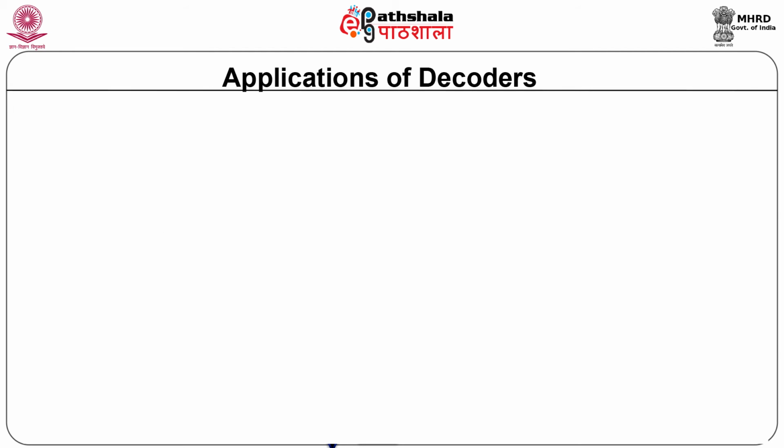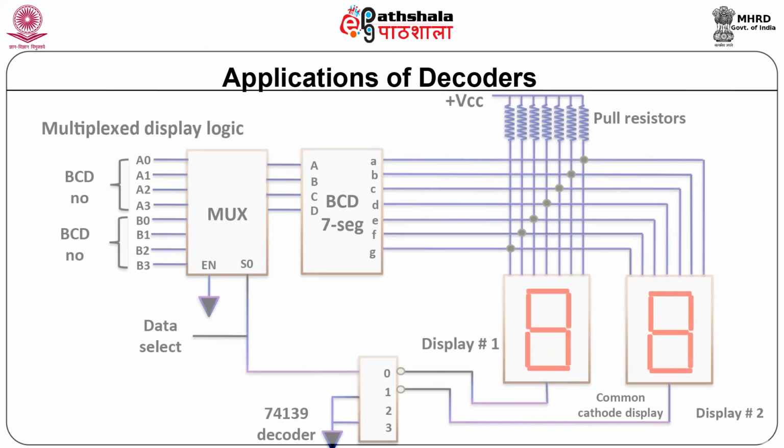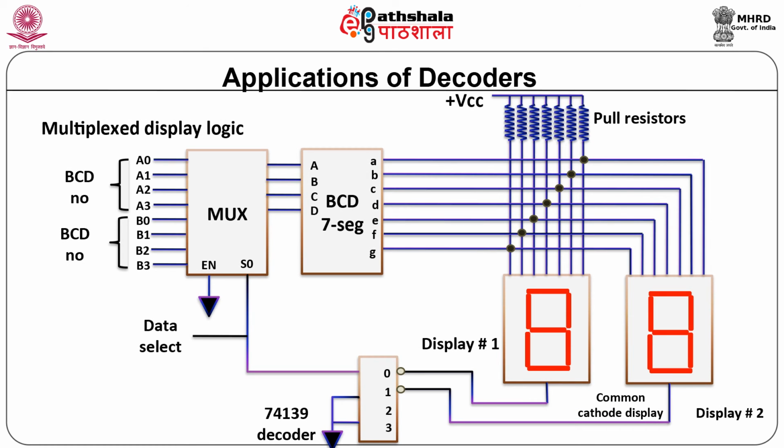Let us consider the next application of the decoder as multiplex display logic. In this example, a 7-segment display decoder can be used to display 2-digit data. 2 BCD numbers are applied to multiplexer inputs.